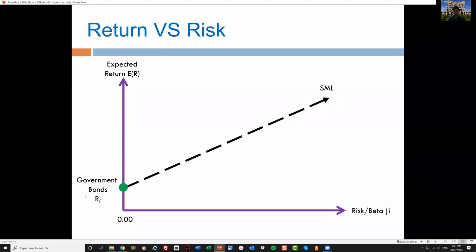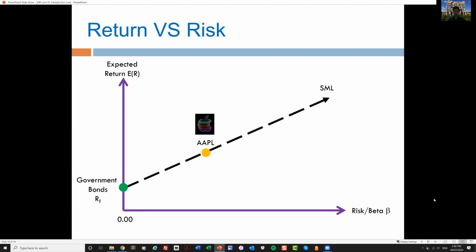With government bonds, you lend money to the government and they repay you that money with some interest. This is like a defensive asset, as Christian is putting it, or an investment which has very little risk or no risk.